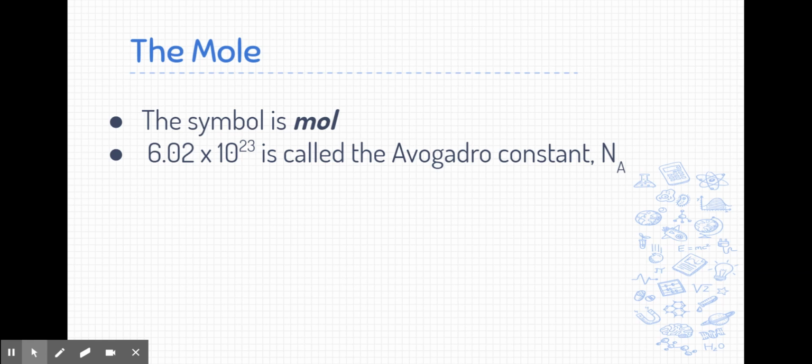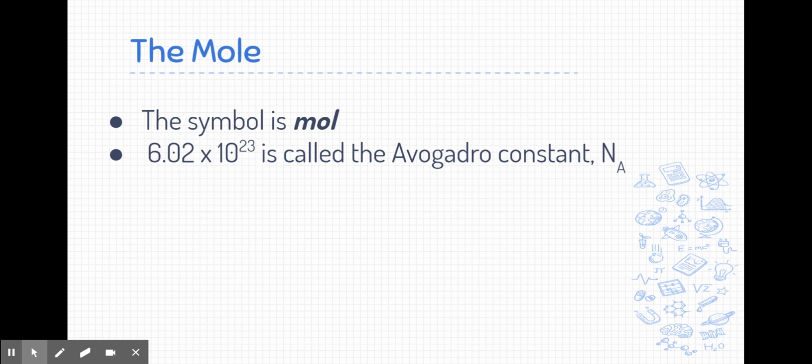That numerical value that I introduced on the previous screen is a constant. And it's named after Avogadro, who really started all of this with his hypothesis. So N sub A, so N with a subscript of A, is referred to as Avogadro's number, and it's a constant, 6.02 times 10 to the 23.